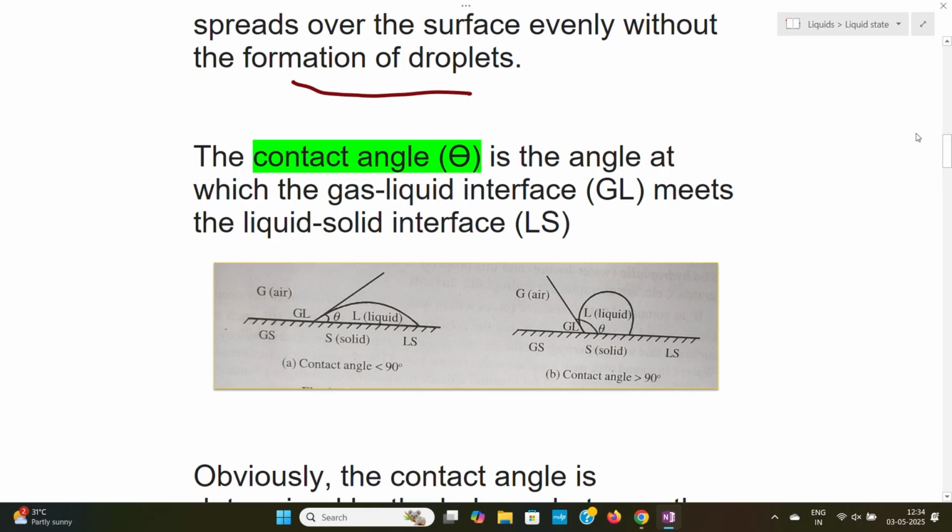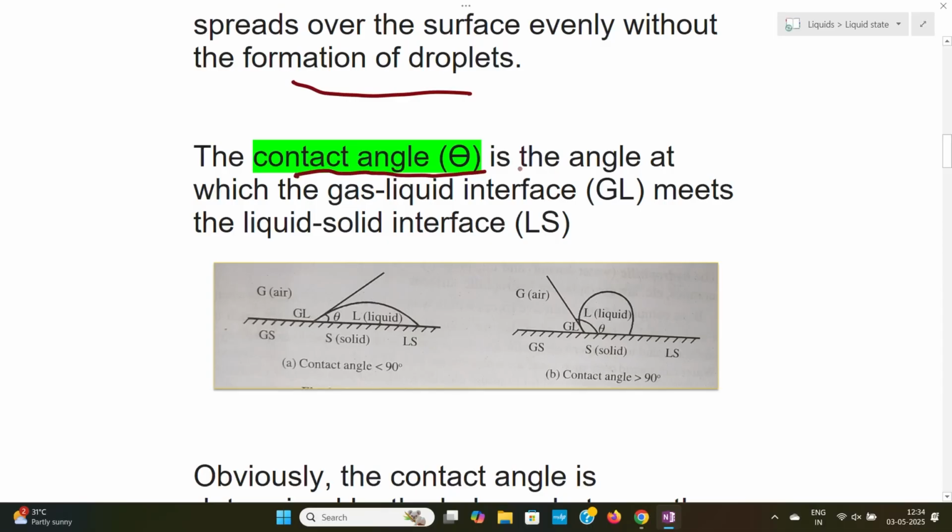Another aspect is contact angle. The contact angle is the angle between the liquid-gas interface and the liquid-solid interface, the angle at which the gas-liquid interface meets the liquid-solid interface.